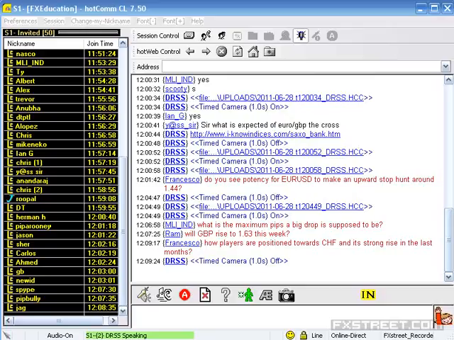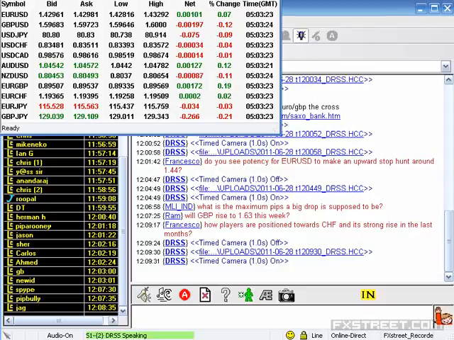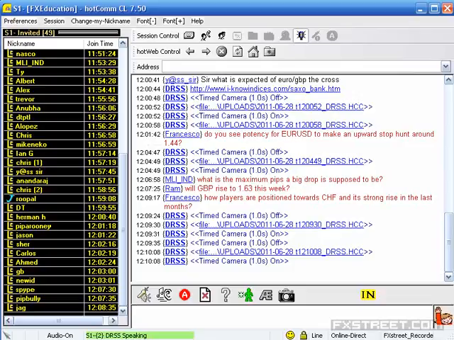So let me minimize the PowerPoint presentation and focus the camera over the live market quote page. Now I'll try to answer the questions which are asked here. Then he asks, what is expected of the Euro GBP cross? Yeah, Euro GBP cross is expected to make a downward move.